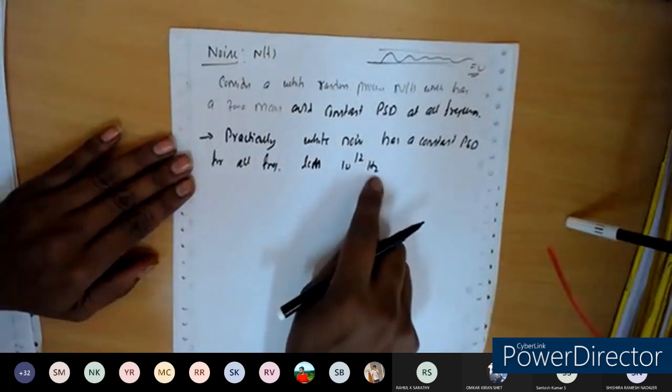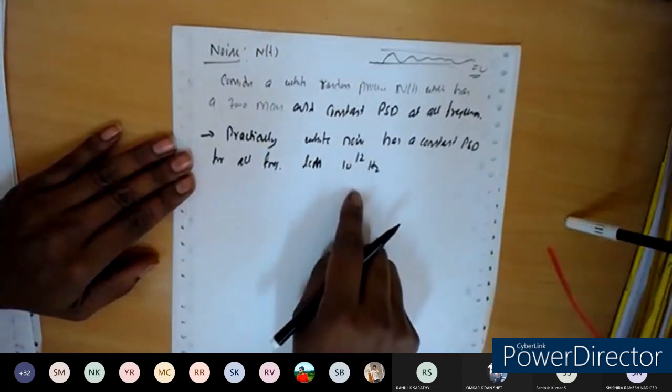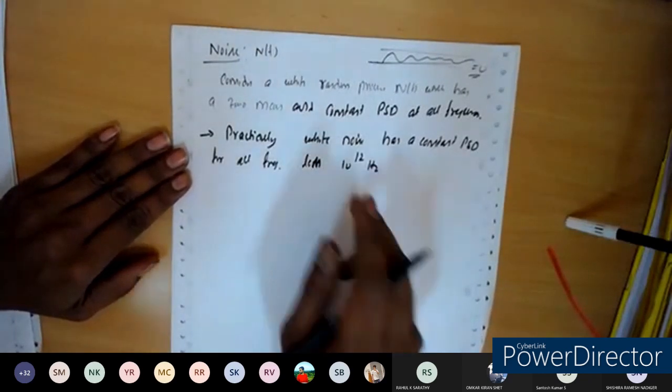So up to 10 to the power of 12 hertz, it will have a constant value. That constant value we are going to denote as K here. Let us see that.